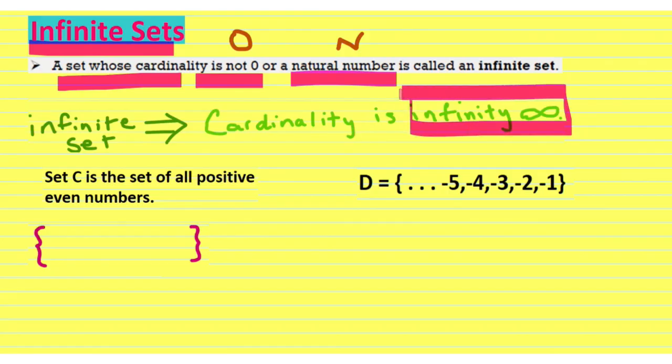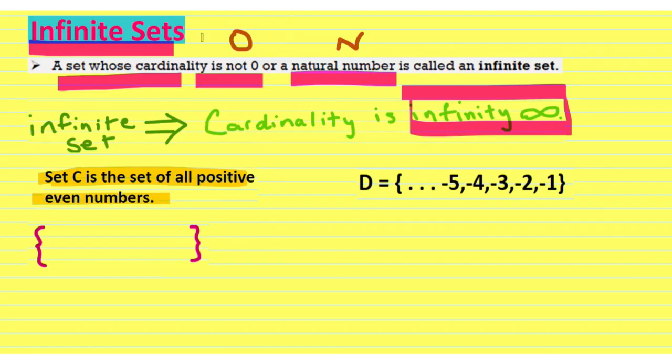Because it cannot be a negative number, cannot be zero, but our set of numbers could go on forever. And if there's not a final number, there's not a definite number, an end to the numbers, then it will be infinity. Okay, so let's look at this example here. We've got set C is a set of all positive even numbers.